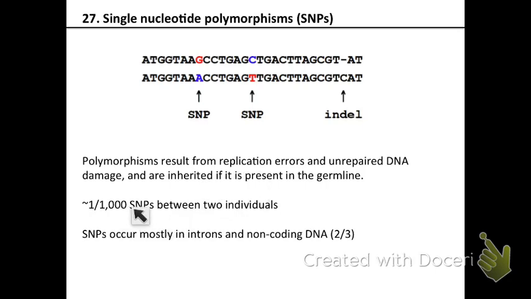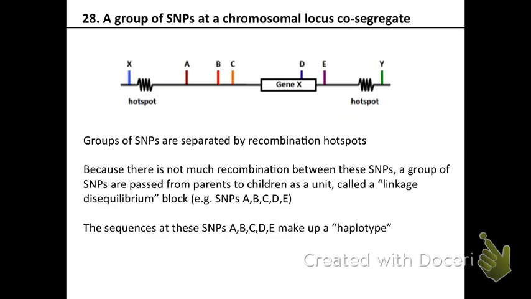So there's about 1 in 1,000 SNPs on average between two individuals. And SNPs mostly occur in introns and non-coding DNA. Two thirds of these occur in introns and non-coding DNA, okay? The coding regions are mostly more similar than non-coding regions. All right.